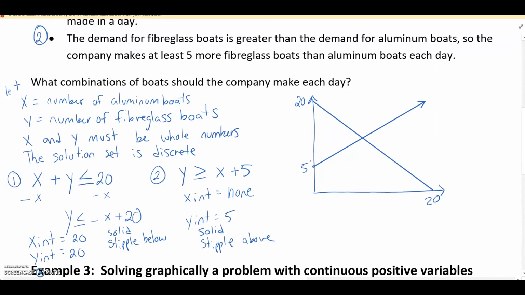So if I'm going to stipple below, this is my second equation, this is my first equation. If I'm going to stipple below the first one, that would be everywhere here. Right?